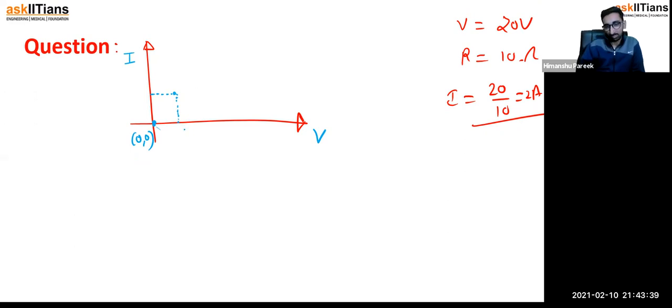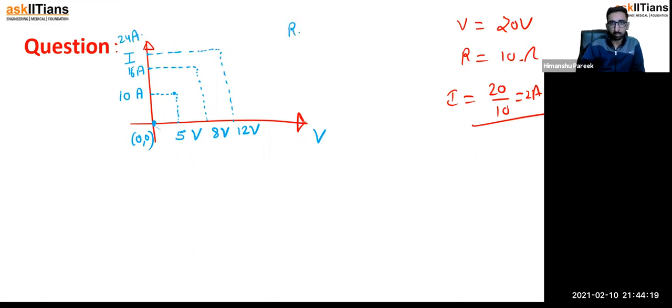Okay, so 5 volt, 10 ampere; let's say 8 volt, 16 ampere; and the third one I'm giving you is 12 volt and 24 ampere.